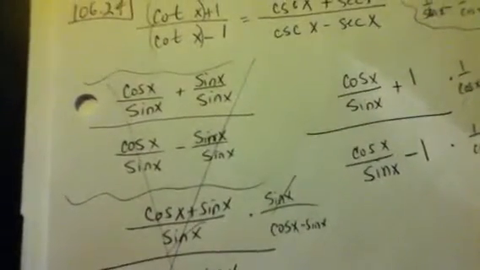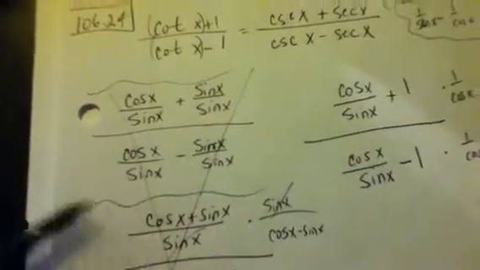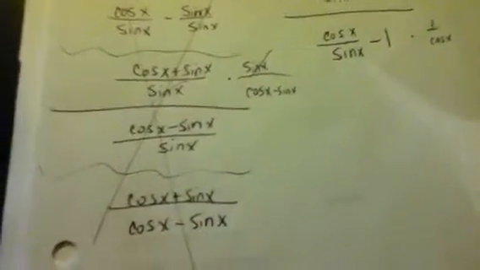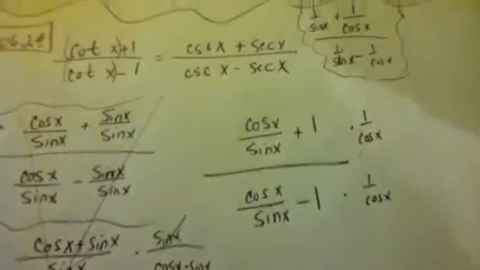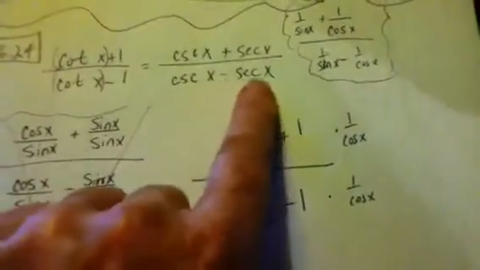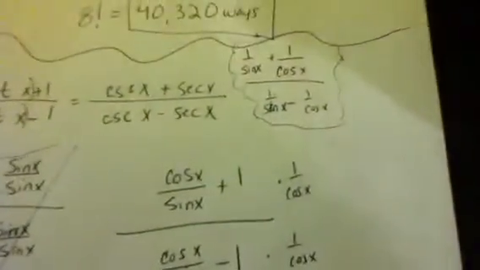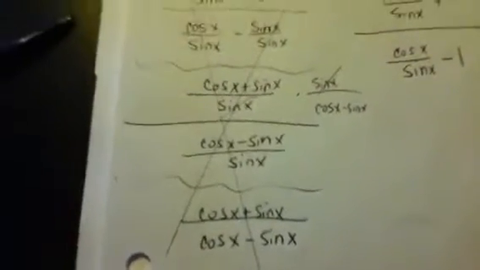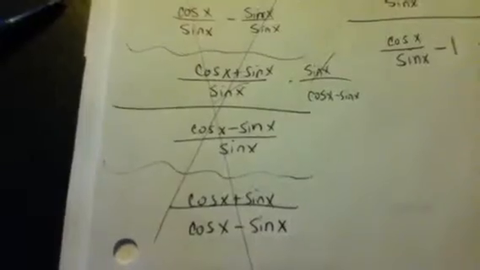I ended up with cosine x plus sine x over cosine x minus sine x. Well, that's not the same as the right-hand side, and I got stumped. I thought about it for a while, and then I said, well, let's try something else.